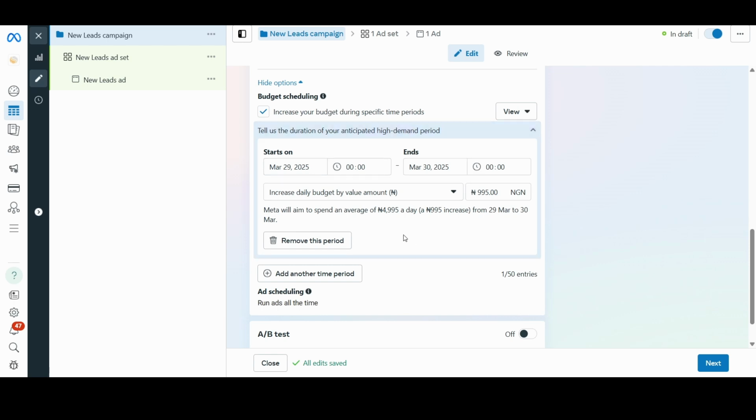And what does that do? Basically, it keeps your campaign running, and it's also so that the algorithm doesn't keep entering into a learning phase. This is a mistake that most businesses that run adverts make.